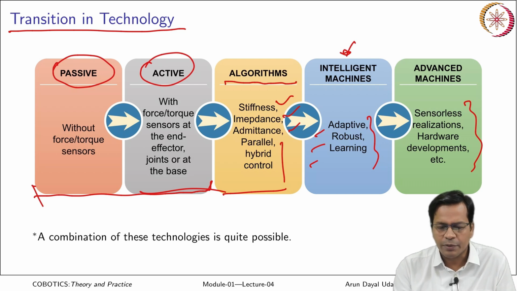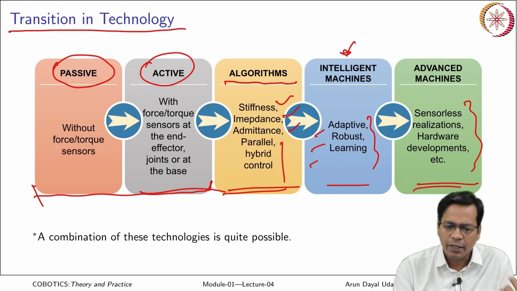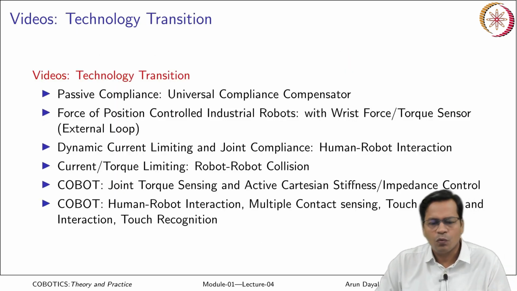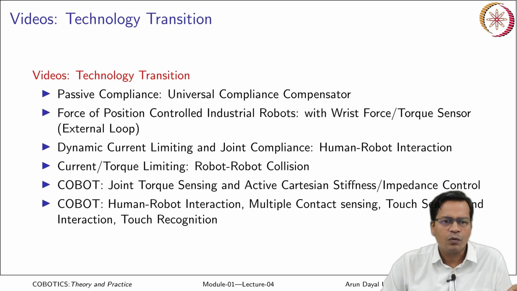Robust adaptive can be made along with impedance controller, even sensorless control like tactile sense can be done with admittance. Okay, so these technologies are also used in combinations. Okay, so let us just watch a small video here which will elaborate upon the transition that has happened.